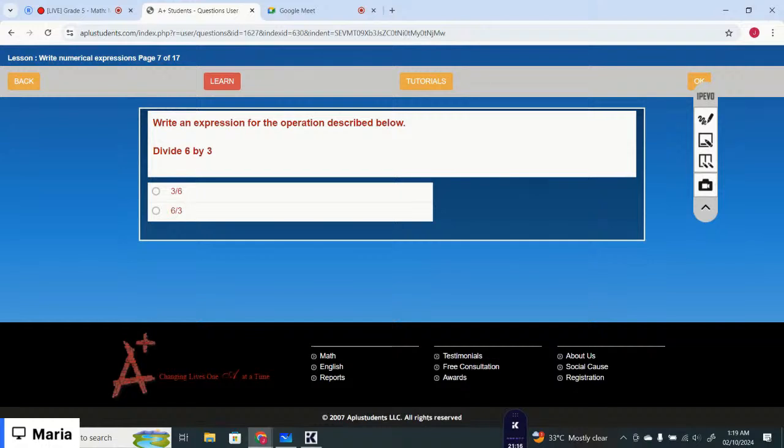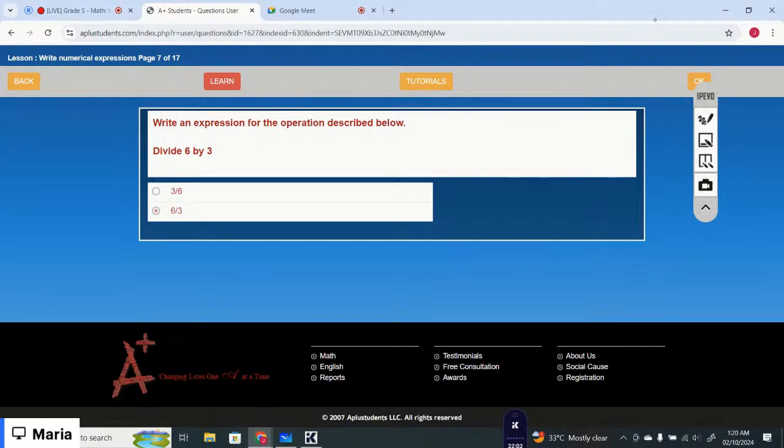Okay, the next one is divide 6 by 3. So which is the correct option? Option number 2 is the correct option.